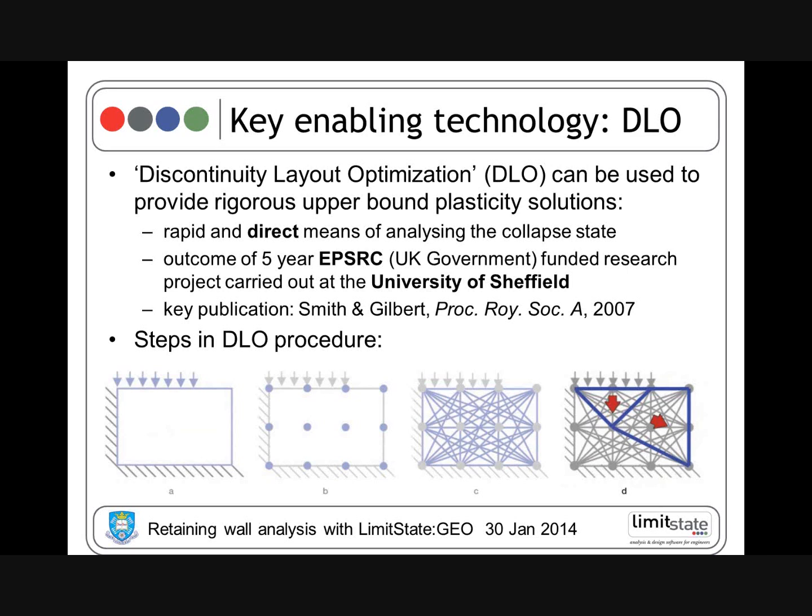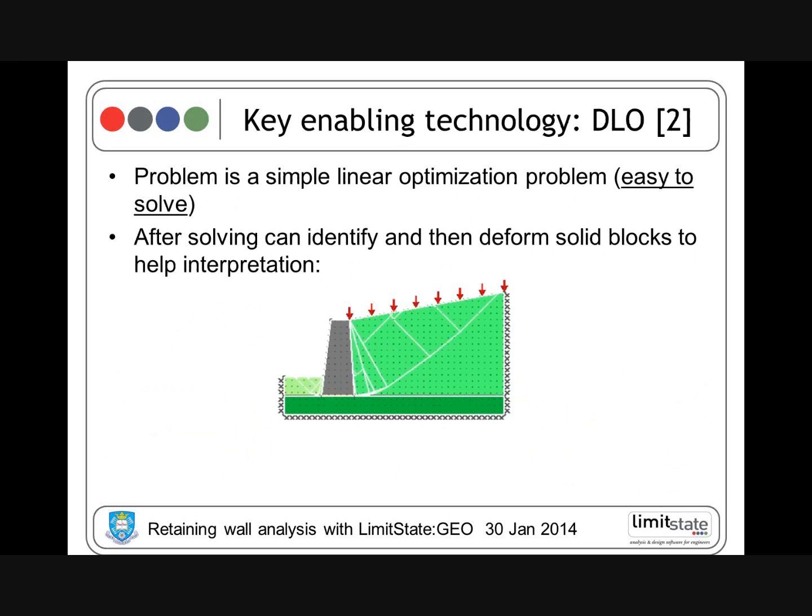Clearly if we put more nodes into the problem, we get more potential slip lines and a much more sophisticated, or more detailed, mechanism. And typically we might be using 1,000 nodes, so we get almost 1 million potential slip lines, and from that the software can pick out a critical collapse mechanism. Now the way it's formulated underneath all that, the optimization is a key part of it.